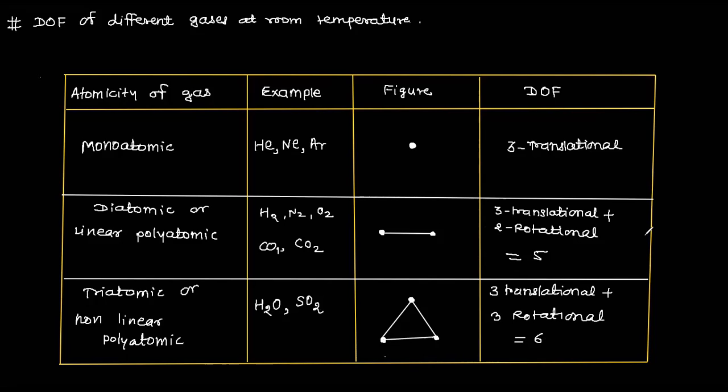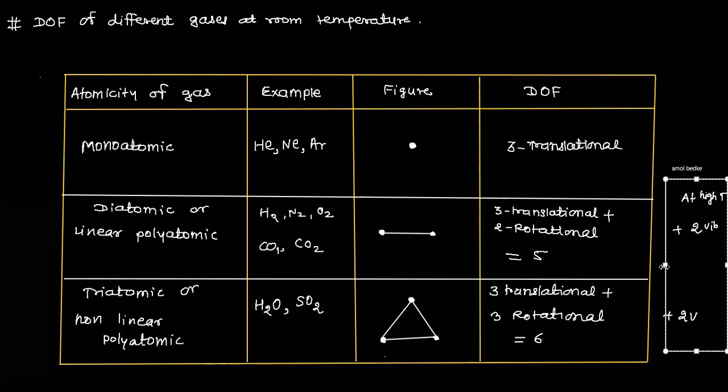Got it? And at higher temperature, if you want, here you will get an extra 2, and here it is an extra 2V. So if you add one column here for high temperature, this is plus 2, that is vibrational, and here it is plus 2V, where V is the modes of vibration.